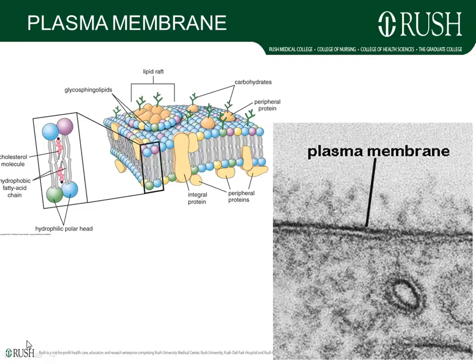So really those proteins are very important to the function of the plasma membrane. So on the right here you can see a really nice micrograph of the lipid bilayers with the separate hydrophobic interior, which is poorly staining, and the head regions, which are darkly staining. So you can see both of the lipid bilayers there.